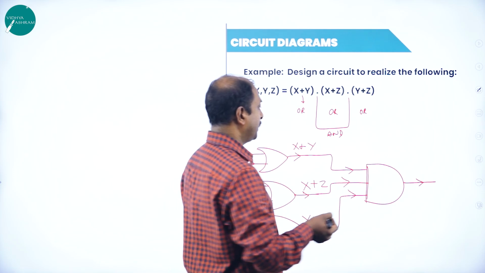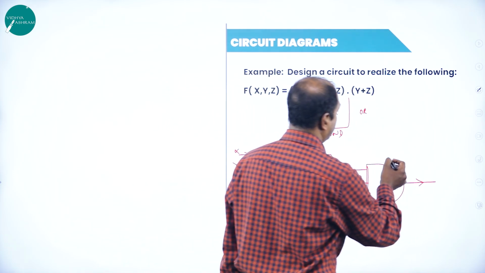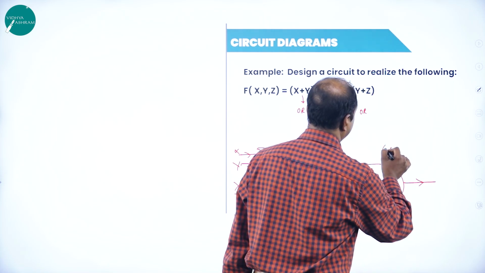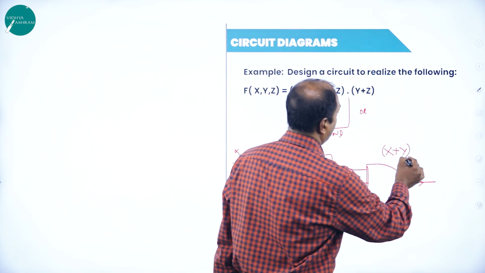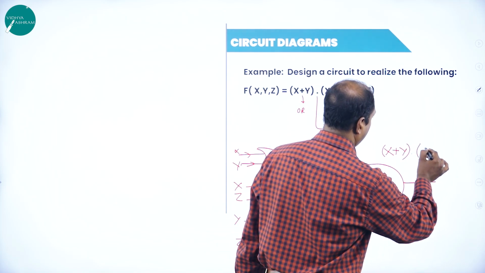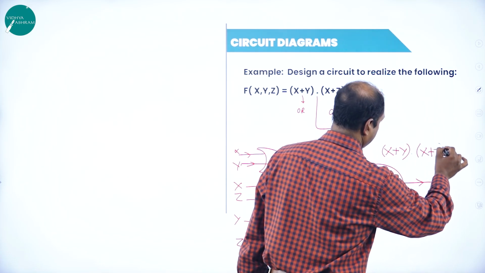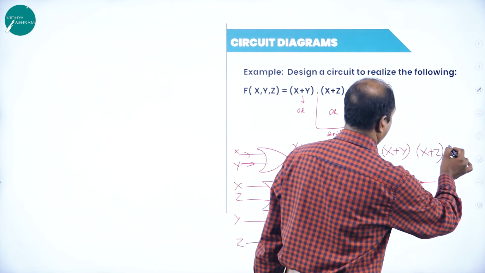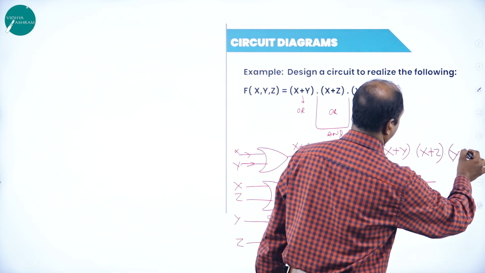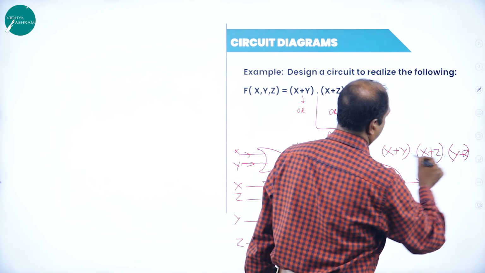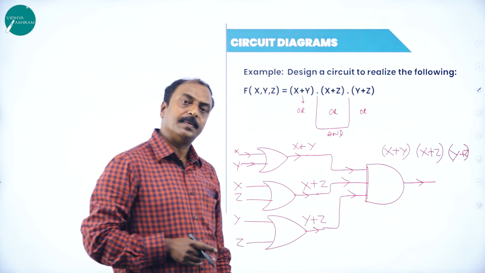And we represent the output here with the same given function: x plus y and x plus z and y plus z. This is how we design a circuit by using the basic gates.